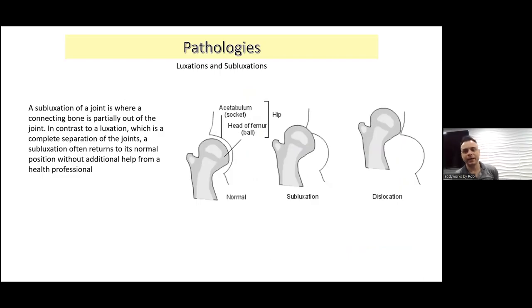Our next pathologies up are luxations and subluxations. So what is a luxation? Well, it sounds luxurious, sounds like a vacation, but it's terrible. It'd be very hard to deal with and very annoying, and ouch, just so painful. So a luxation in itself is the technical term for a dislocated joint.